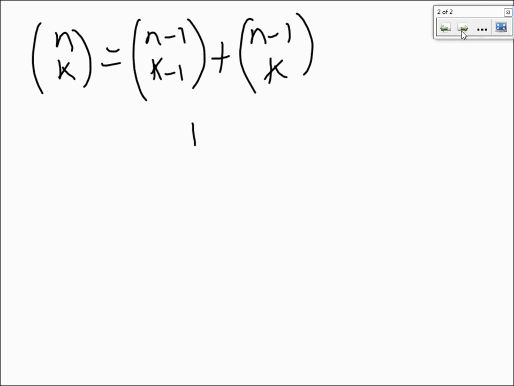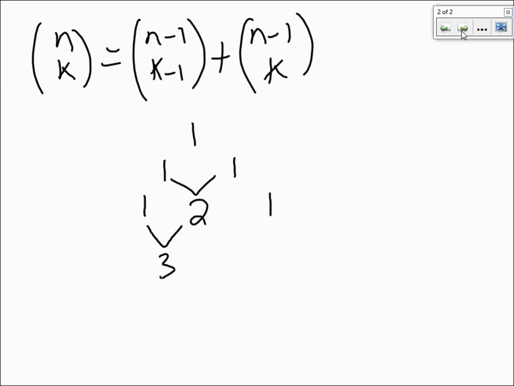In row 1, there's only 1 entry. Second row, put 1s at both ends. Then, third row, put 1s at the end. But now there's finally something in the middle that we can add. 1 and 1. From row 2 to row 3, we can add something.